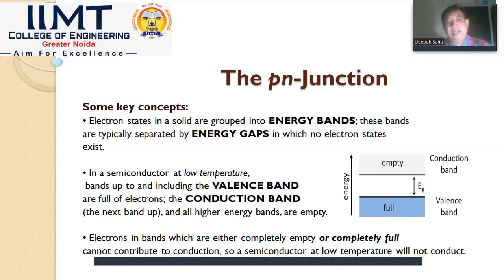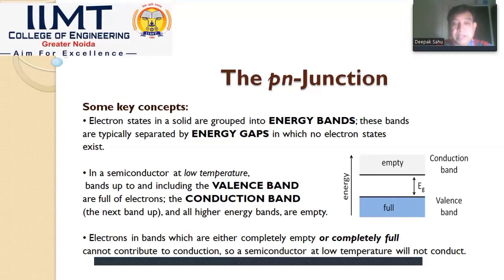Since we all know that electronic states in solids are grouped into energy bands, these energy bands, in physics, are separated by energy gaps in which no electron or charge carrier can exist.